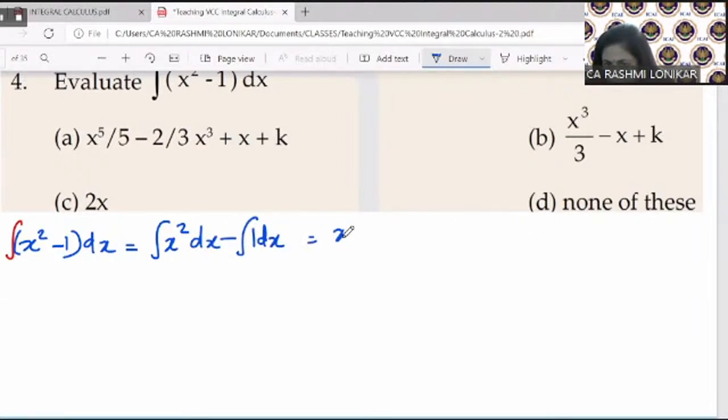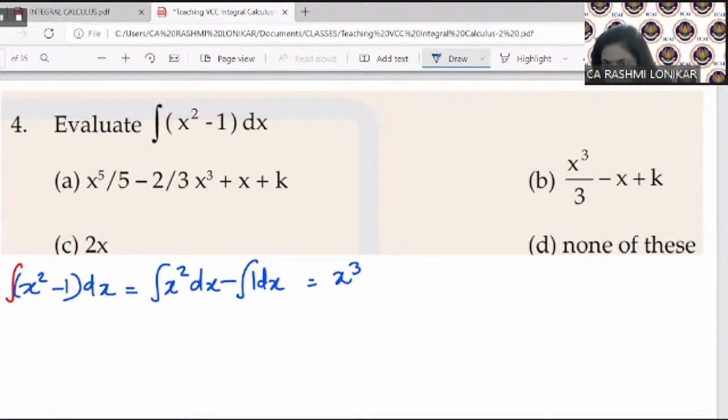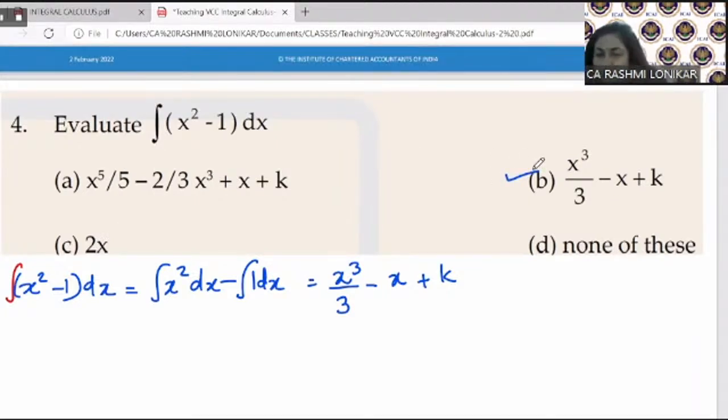This is equal to x cube upon 3 minus x plus k. Option A is not correct. Option C is not correct. Option B is the correct option. So the integral of this, you can write as x cube upon 3 minus x plus k.